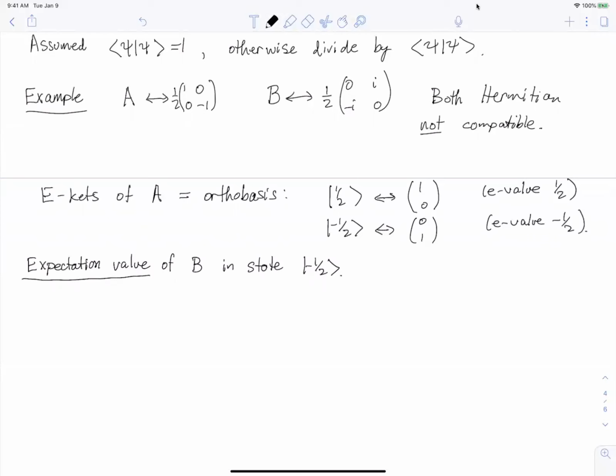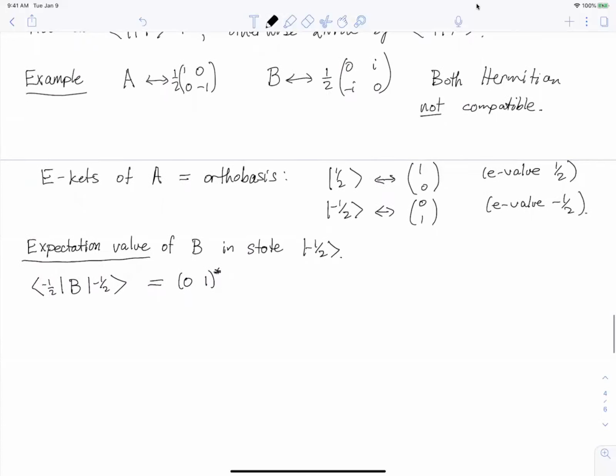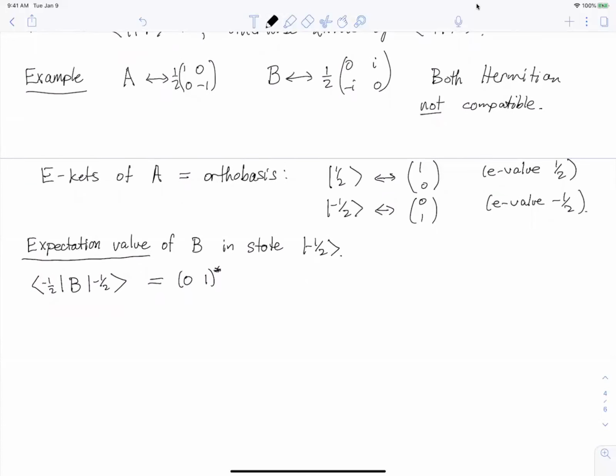Okay, so to do that, we compute <-1/2|B|-1/2>. That's from the definition of expectation value, which is going to be (0, 1) complex conjugate, even though 1 is real, and so the complex conjugate doesn't actually do anything here. It's a good habit to get into, to just put it there anyway, to remind yourself. And then the matrix representation of B is 1/2 times 0, i, minus i, 0.